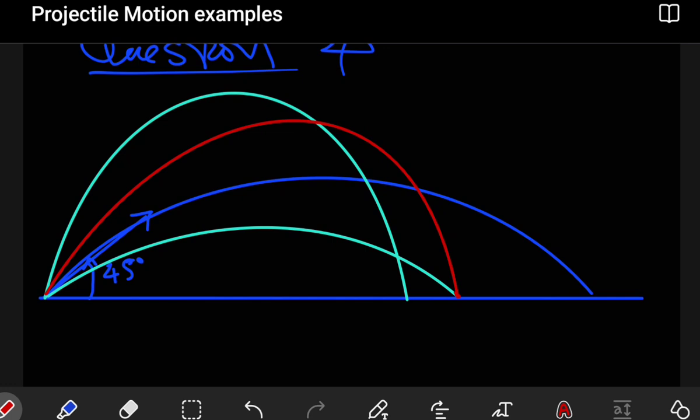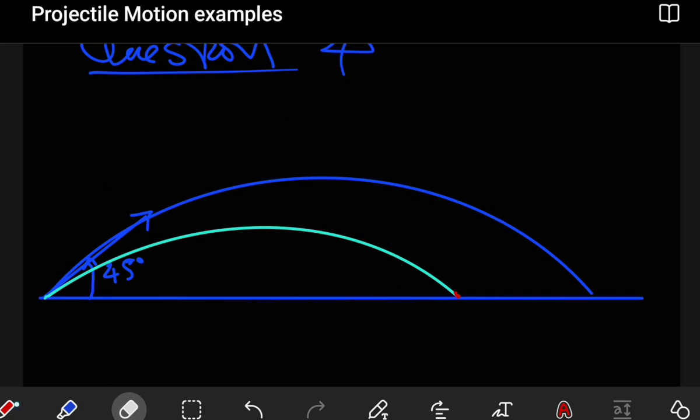I did a video on that as well. You can look it up. It goes into detail on what these concepts are. But in the meantime, let's describe this projectile based on what the question gives us.